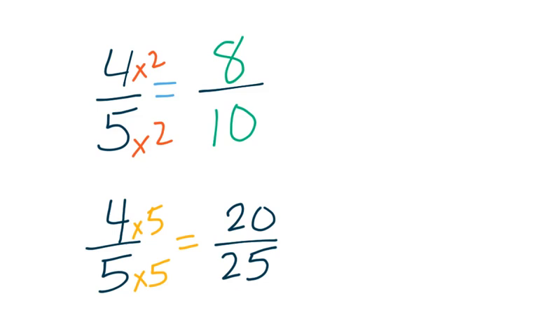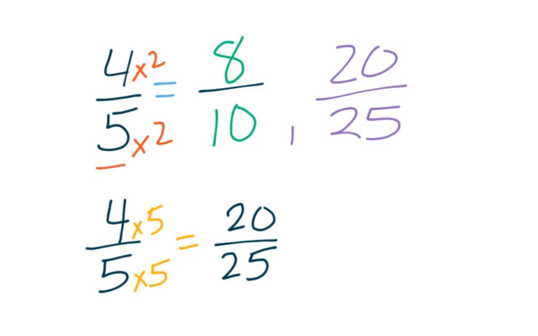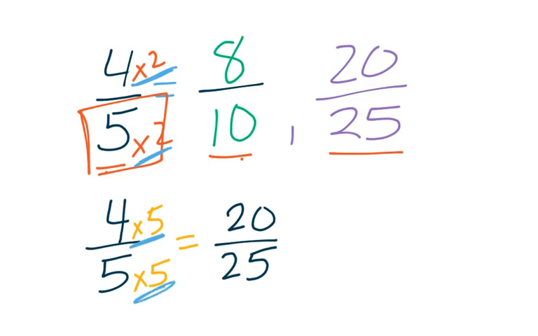If I lined all these fractions up, 4/5, 8/10, and 20/25, they are all equivalent to each other. You'll notice that their denominators are all multiples of my simplest form of the fraction, 5. 5, 10, 25 are all multiples of 5. You'll also notice that we did the same thing to our numerator and our denominator to create that equivalent fraction.